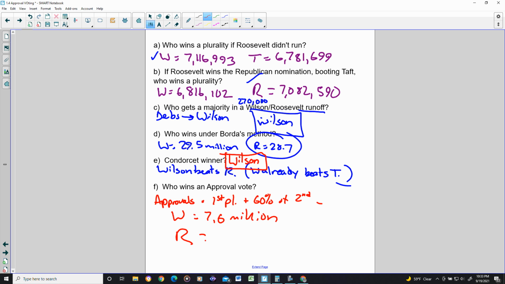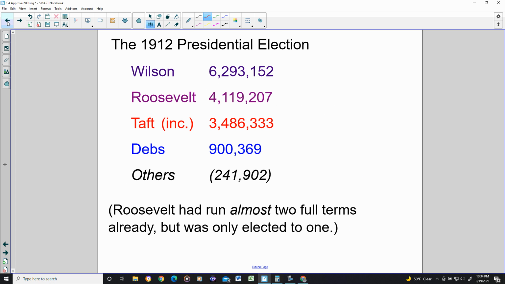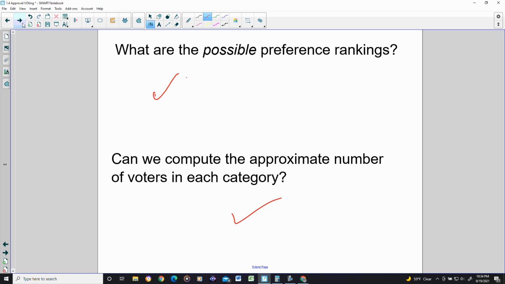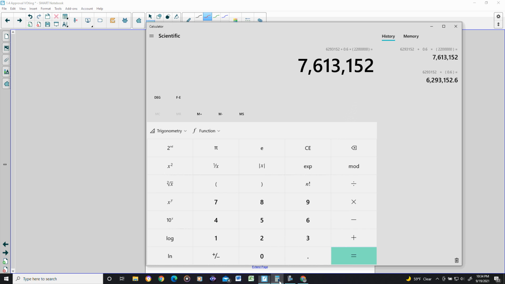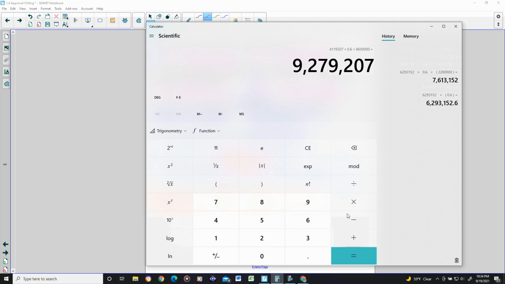Roosevelt is going to get all of his first place votes, about 4 million something. So 4,119,207 plus 0.6 times, it was like 8.6 million, or something like that. So he's going to get about 9.28 million.